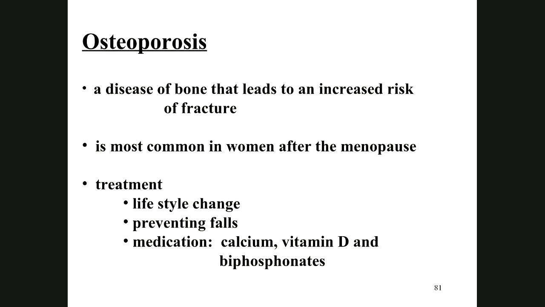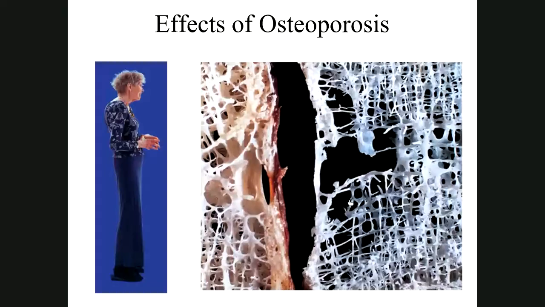Osteoporosis usually means that you have holes in the bone, and what I want you to know is menopausal women will often see osteoporosis. Okay, and see here how the bone looks with osteoporosis. Most likely it's too much osteoclast activity, and that is one of my recent works now.